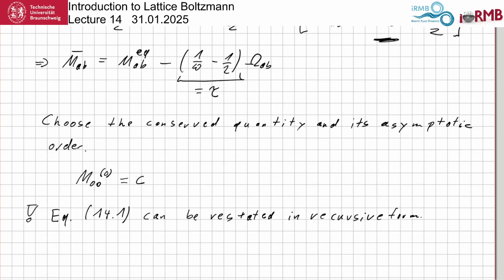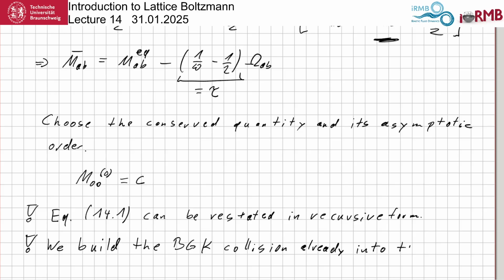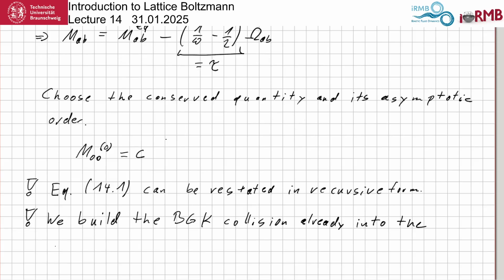And in this equation, we'll build in the BGK equation, which is kind of dangerous at this early stage, because if at a very early stage you already decide how you do your collision, you are not able to change it later. But for simplicity, we'll do it now into the equation.